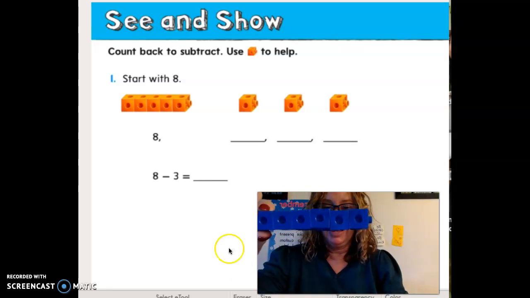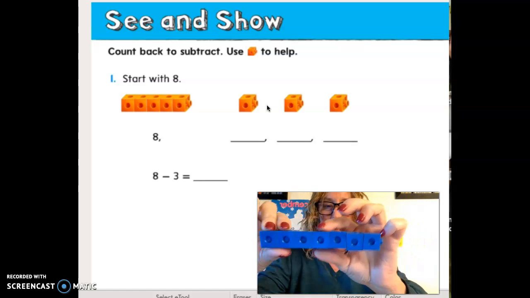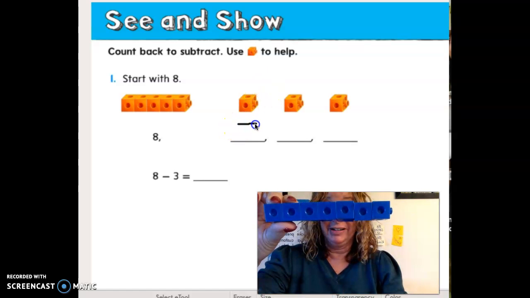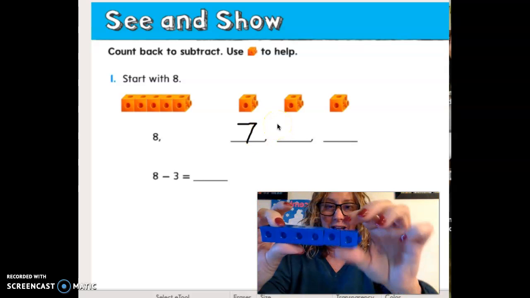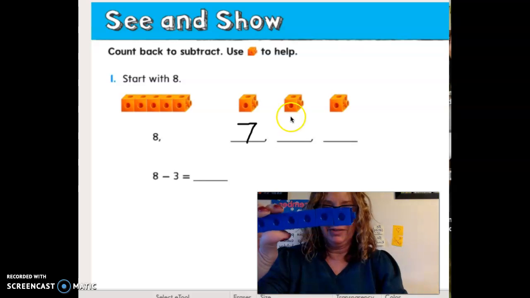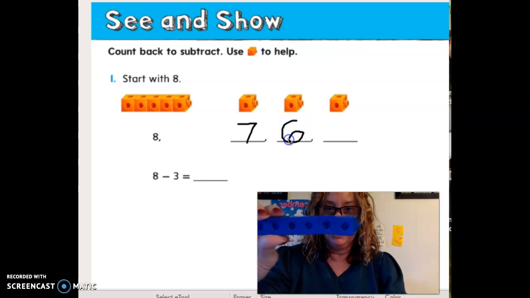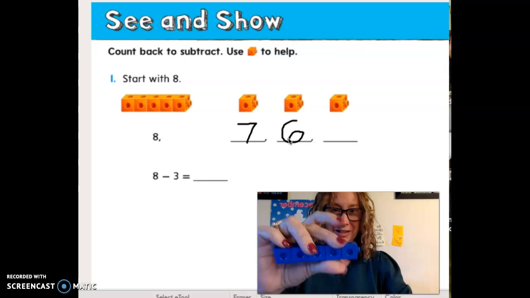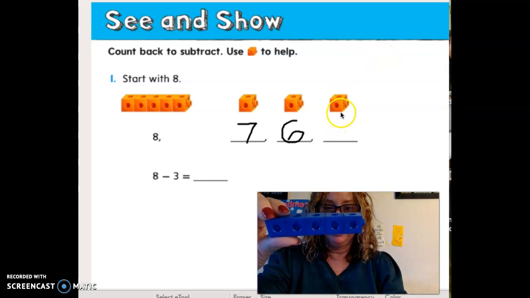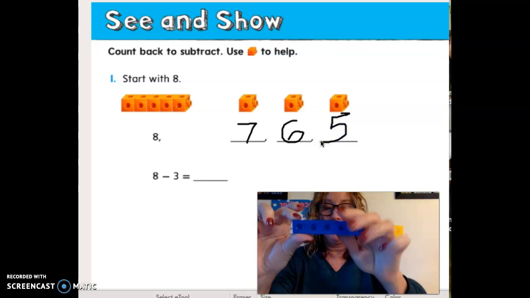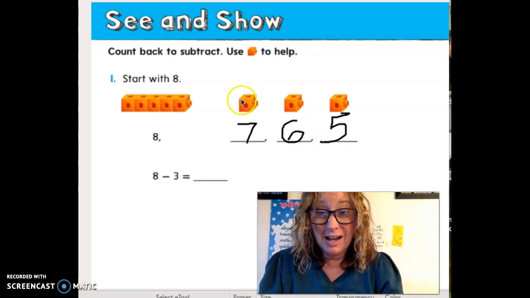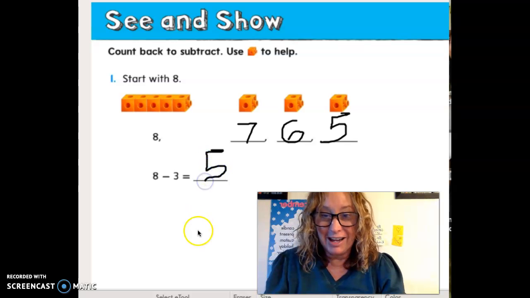Now I have 1 less. 1, 2, 3, 4, 5, 6, 7. Now I take another one, and I have 6. Now I take another one, and I have 5. 1, 2, 3, 4, 5. So I started with 8. I took away 3. The answer is 5.